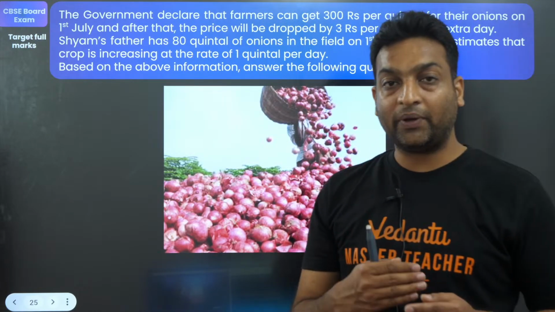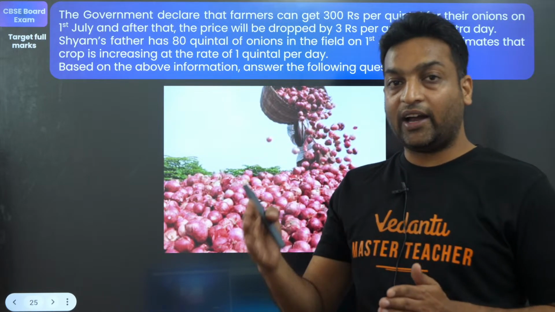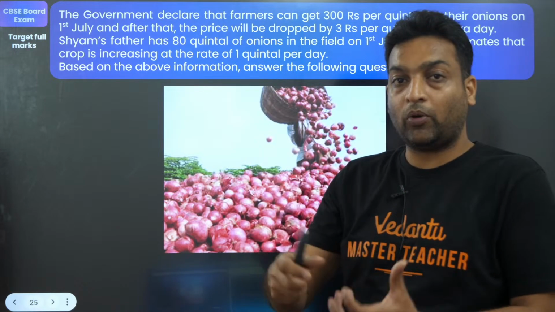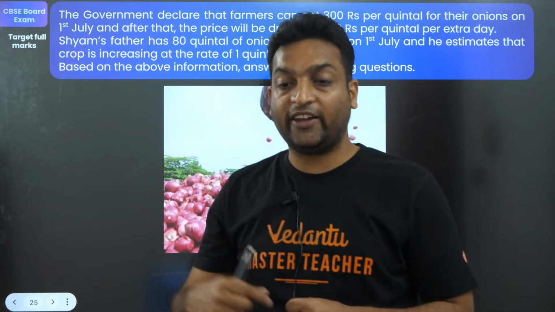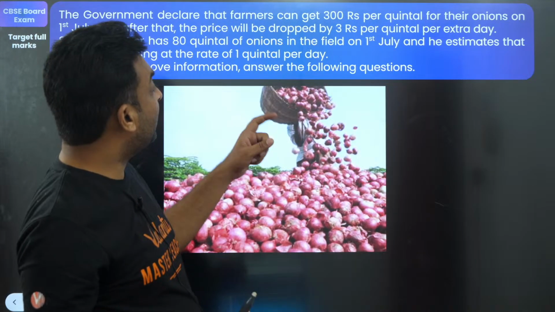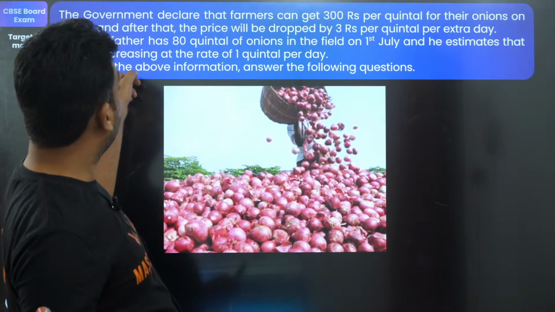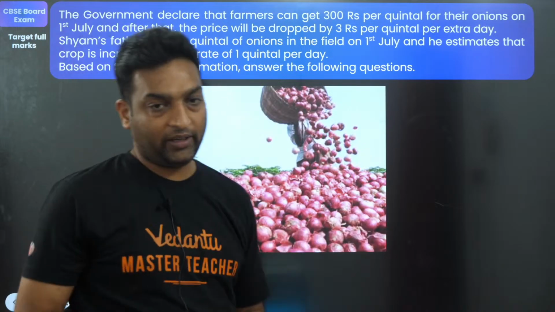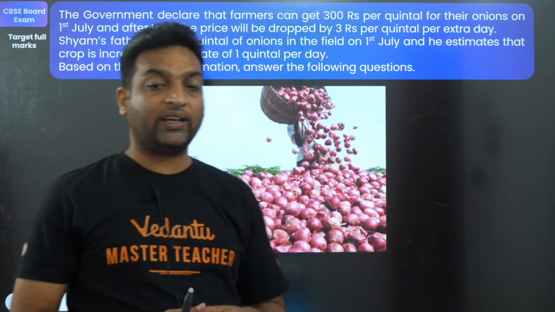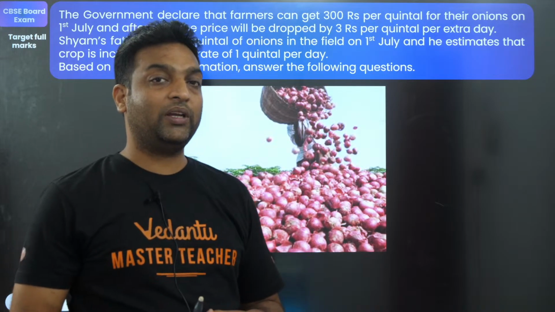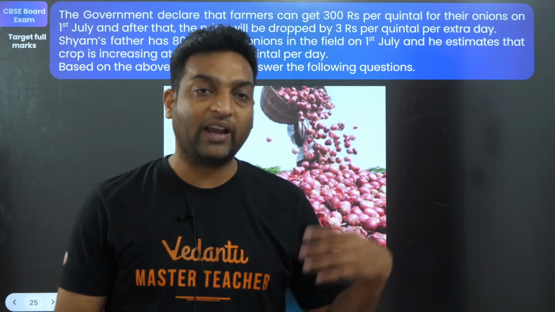After every day, the onions keep on growing, more and bigger. So the yield increases by 1 quintal per day. That is, on 2nd July, the yield will be 81 quintals. On 3rd July, the yield will be 82 quintals, and so on.